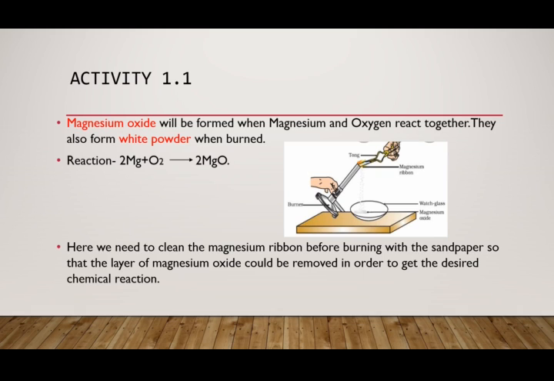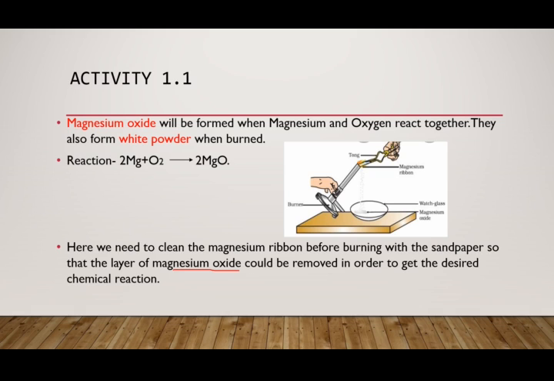So activity 1.1. Here, a magnesium ribbon is burned. But before burning the magnesium ribbon, we have to clean it. Why? Because the layer of magnesium oxide should be removed, in order to get a desired chemical reaction, to make a reaction properly.